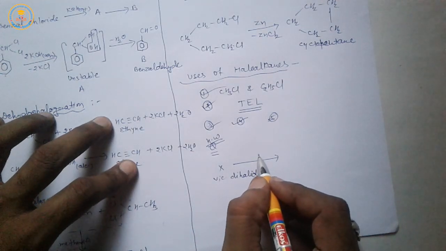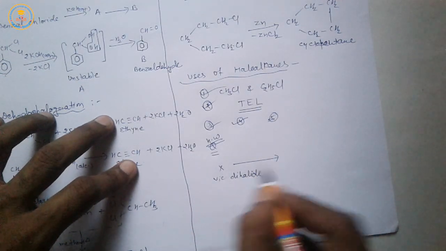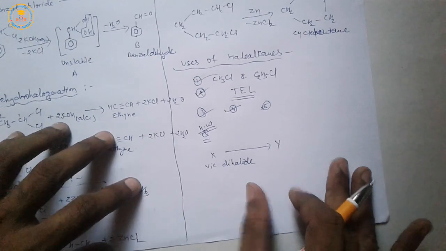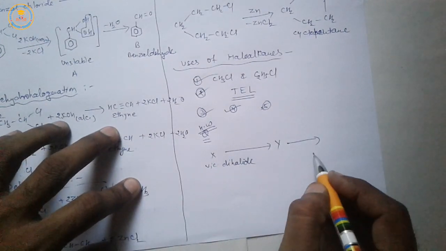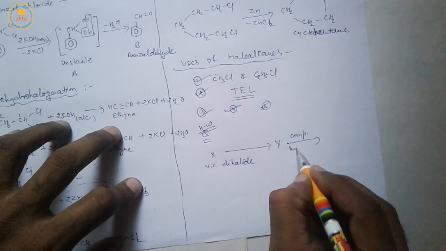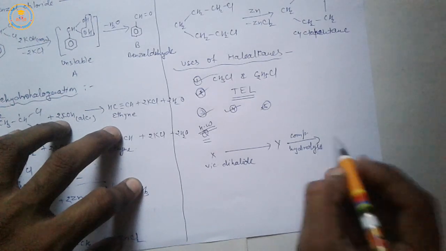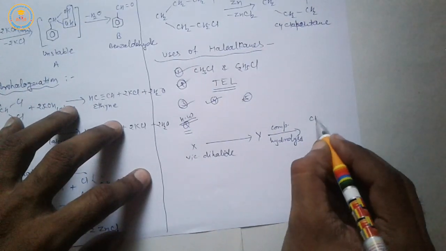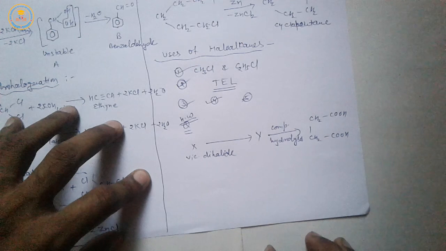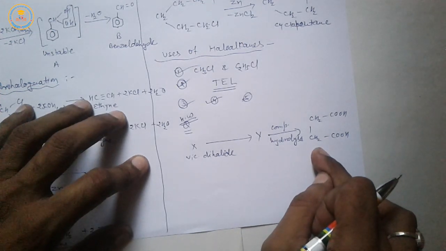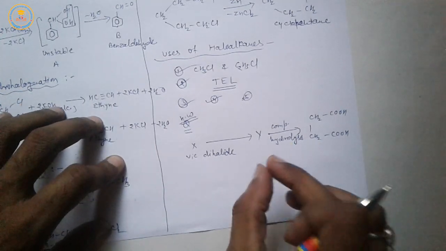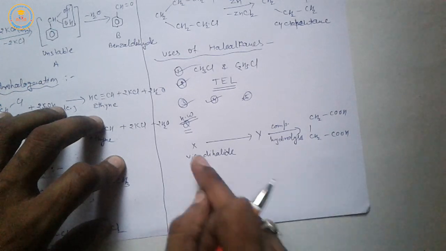When X is converted into Y, and Y after complete hydrolysis is converted into a dicarboxylic compound, which is butane-1,4-dioic acid. So I repeat, identify X and Y in the following reaction.